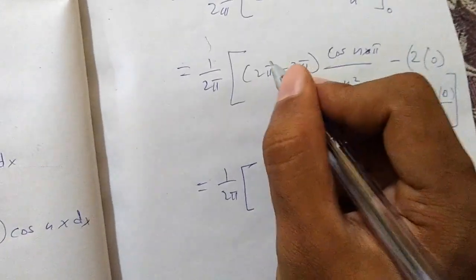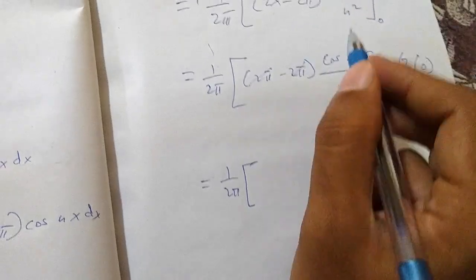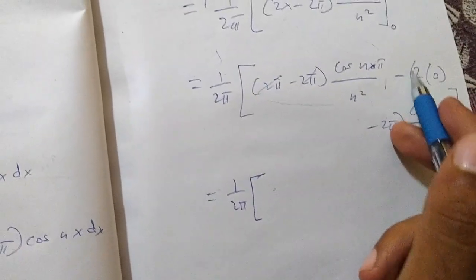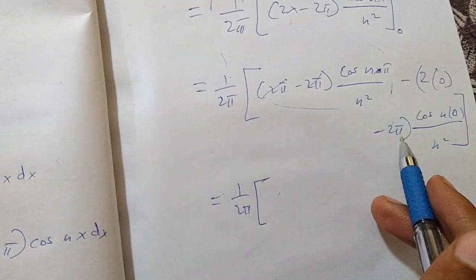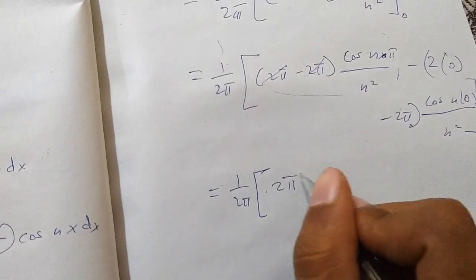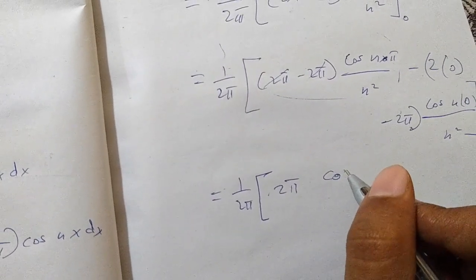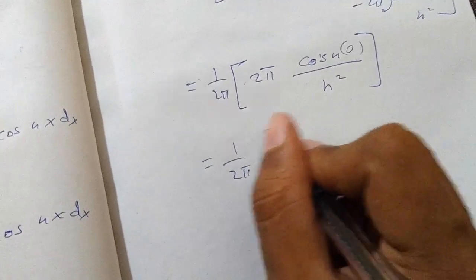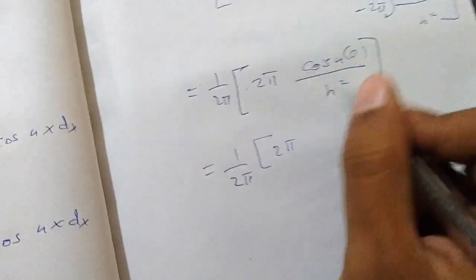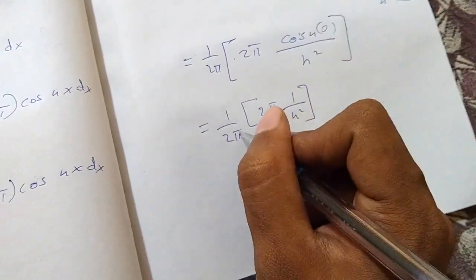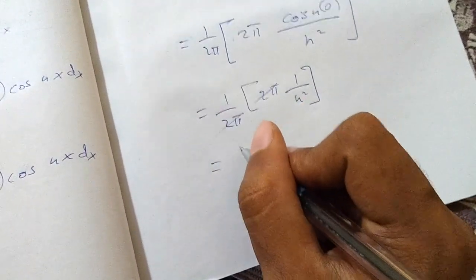Now 2 pi minus 2 pi cancel out each other, so this term becomes 0 again, and this also becomes 0. This minus and minus will become plus. So we get 2 pi cos n of 0 by n squared. In the next step, 1 by 2 pi, and 2 pi cos 0 becomes 1 by n squared. So 2 pi will cancel out each other and we get 1 by n squared.